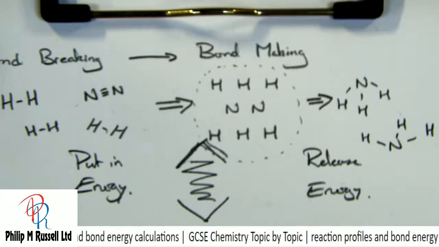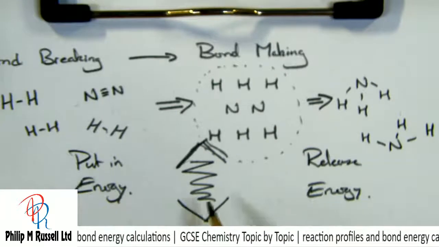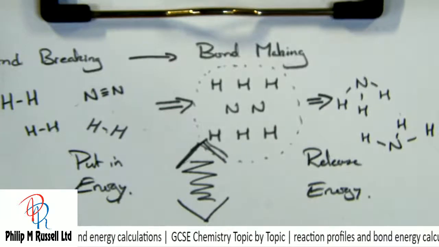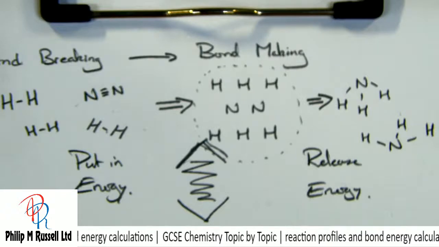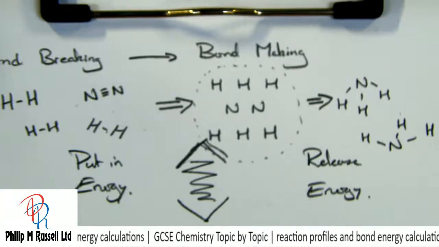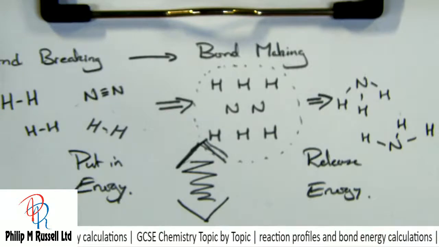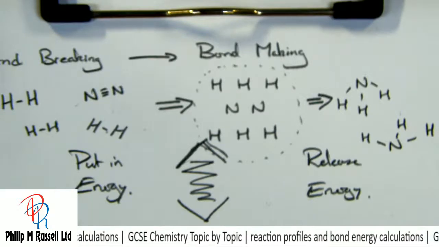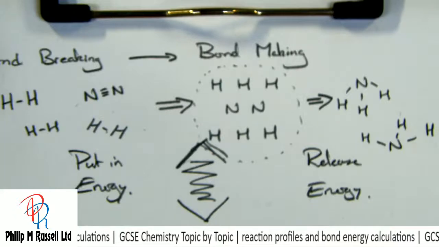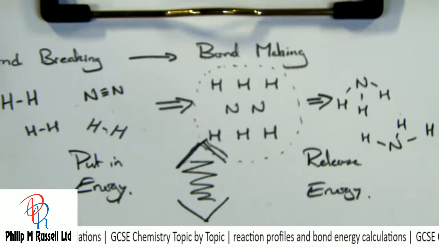Of course, in reality, these two processes don't happen in sequence. You know, all the bonds don't break and then all the new bonds form. The bond breaking and the bond making processes happen at the same time.